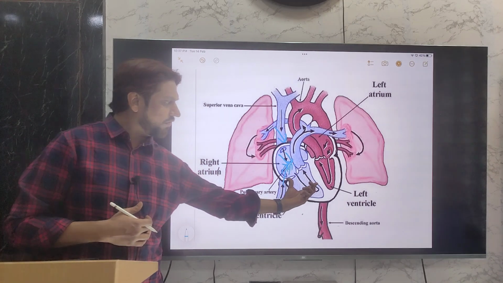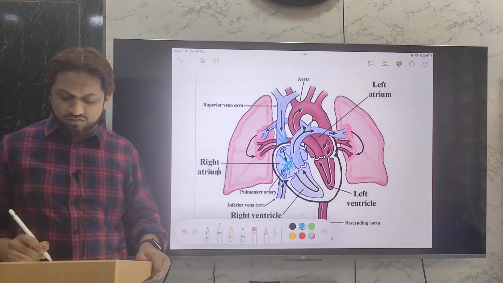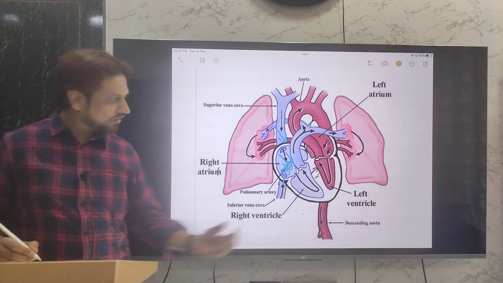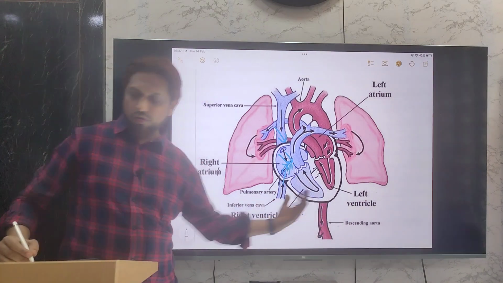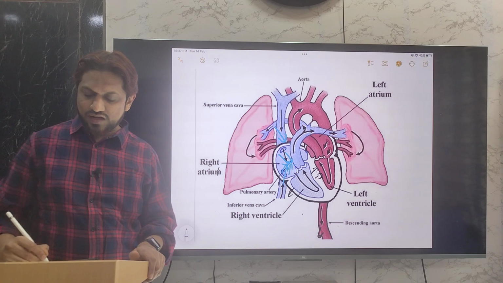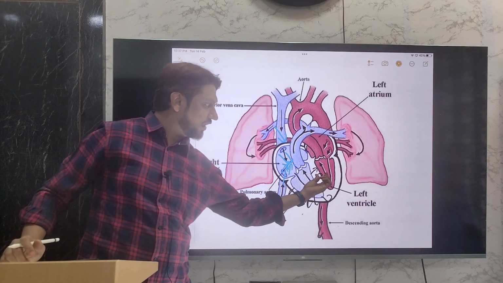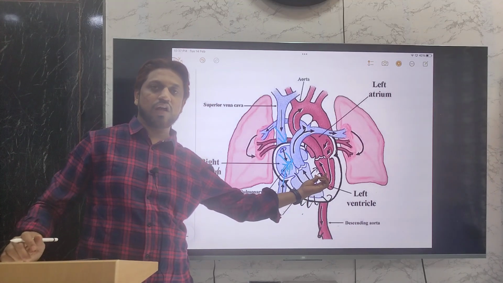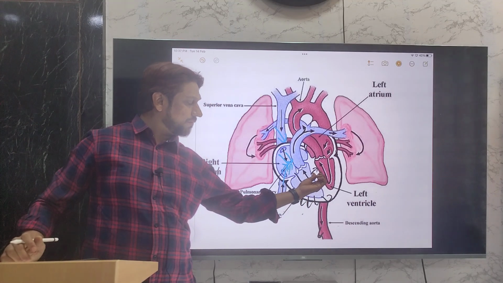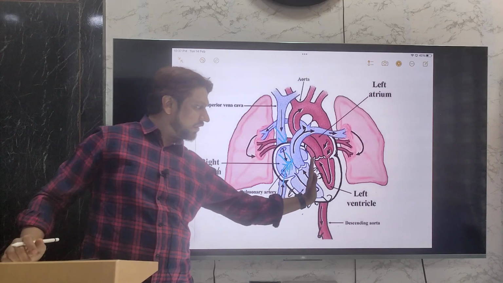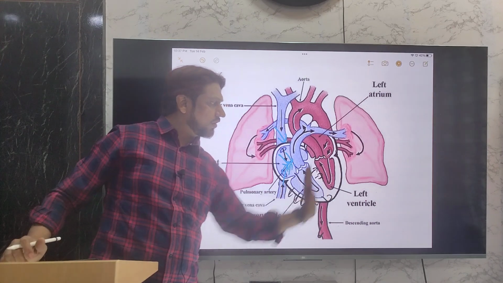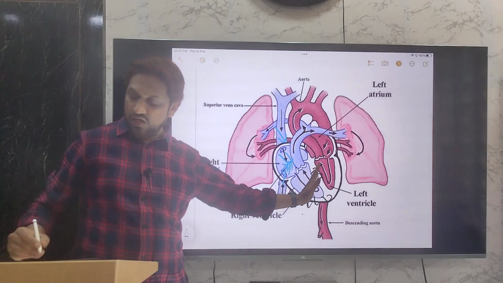When it enters the right ventricle, the right ventricle tends to expand in all directions. It will also expand towards the left ventricle, in the interventricular septal region, and so push the interventricular septum towards the left ventricle.